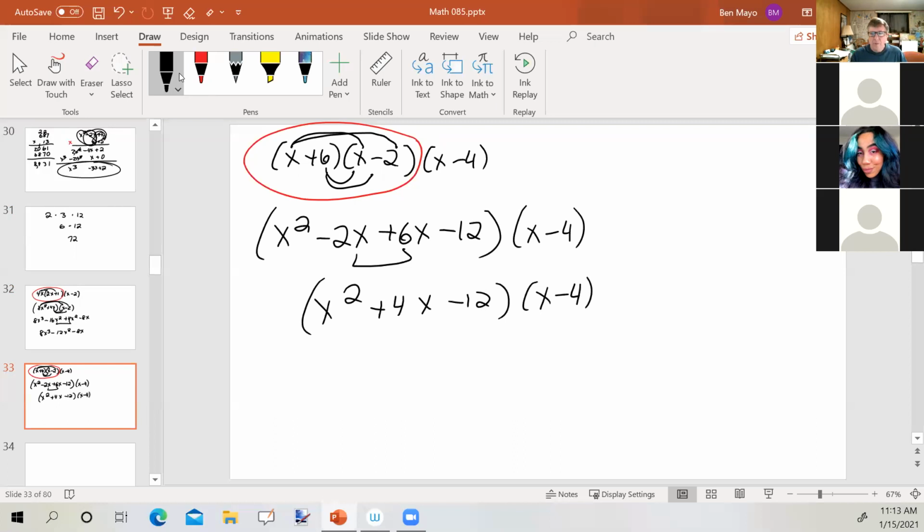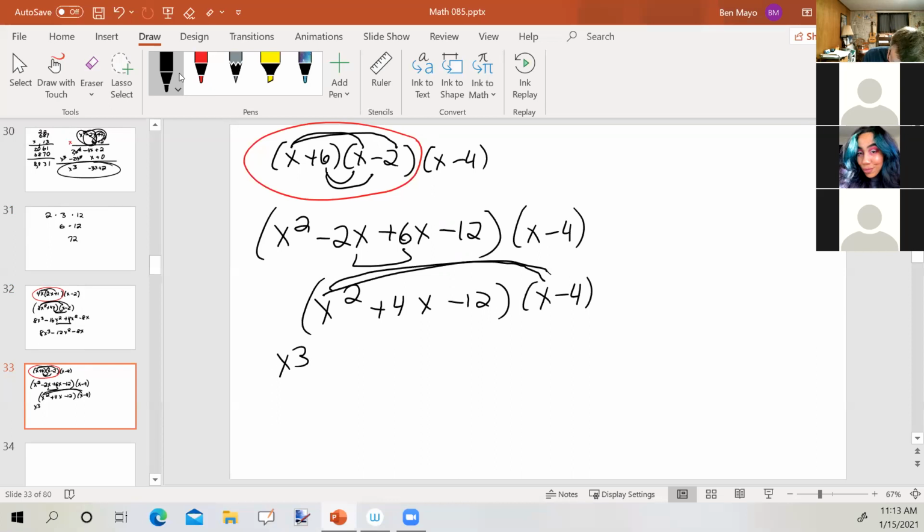x minus 4. So I took the first 2 binomials and FOILed them together to get x squared plus 4x minus 12. Now I'm going to take that times the x minus 4. X squared times x is x cubed.